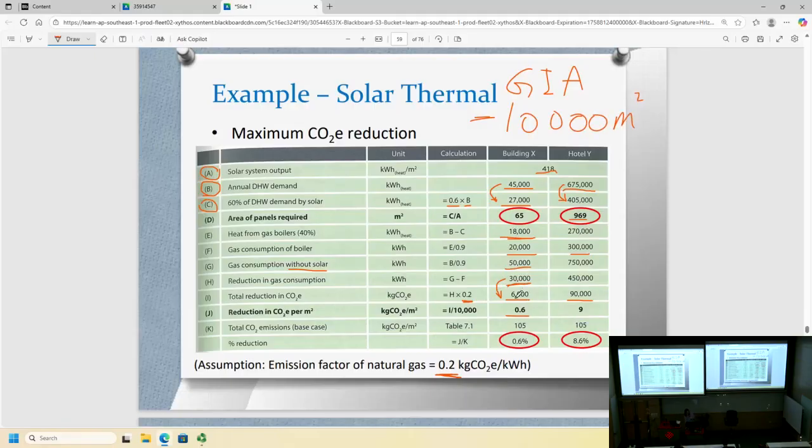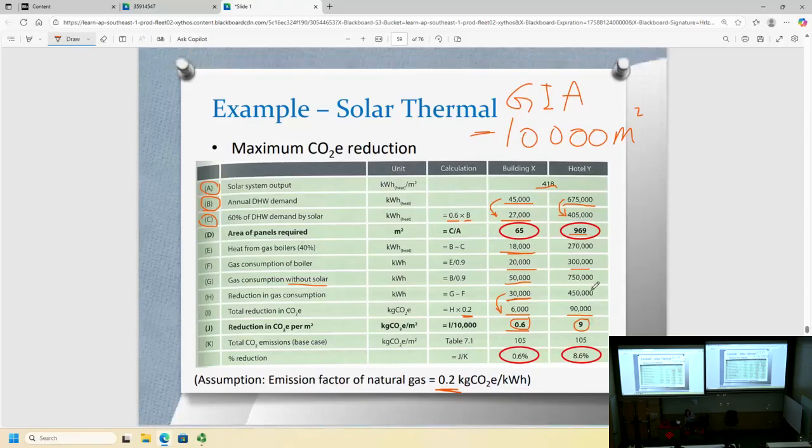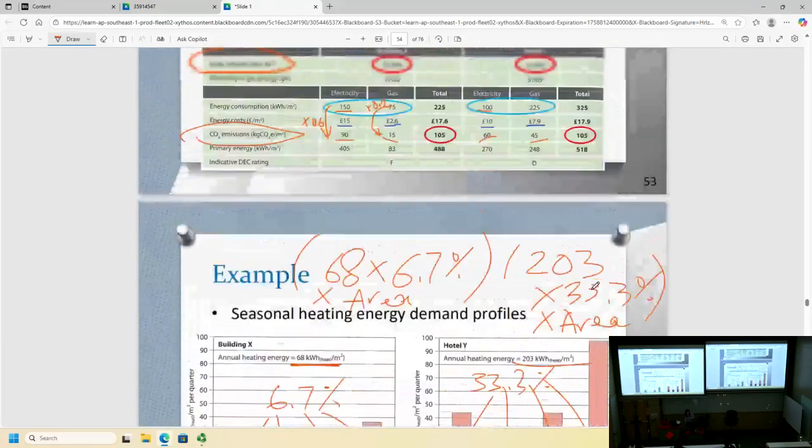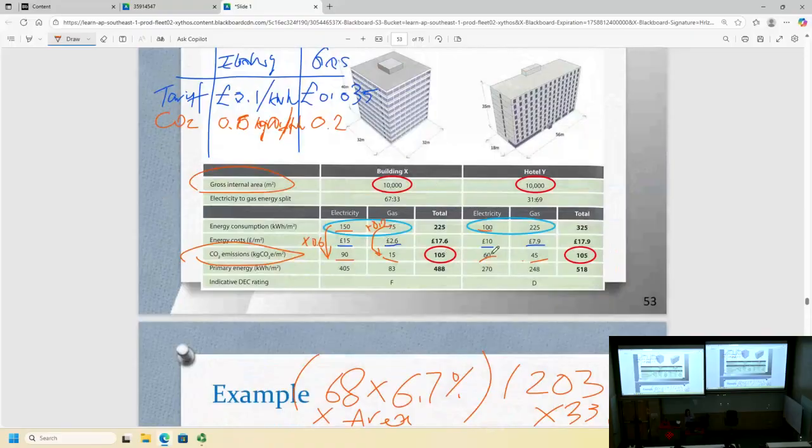So kg of carbon dioxide equivalent divided by the area, then we have the per unit area reduction, 0.69 kg of carbon dioxide equivalent per square meter. And remember, the carbon dioxide emissions for both buildings has been calculated to be 105 kg carbon dioxide equivalent per square meter.